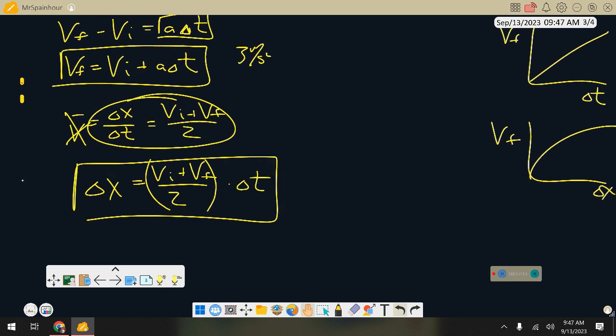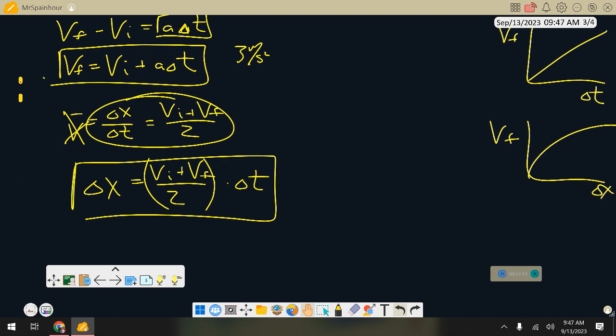All right, so here's what's going to happen. You should understand that this one up here comes from the definition of acceleration. Let's call this kinematic equation 1. You should understand that kinematic equation 2 came from the definition of average velocity. If you understand those two fundamental ideas, that is the bulk of the conceptual stuff, and everything I'm about to do is algebra.